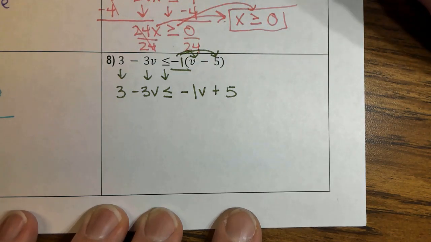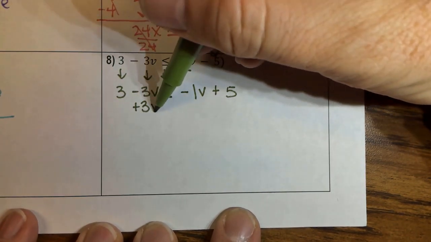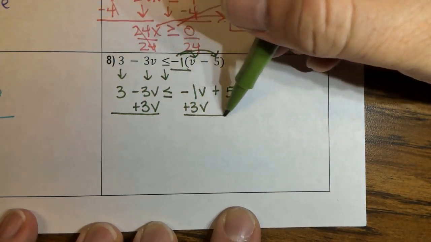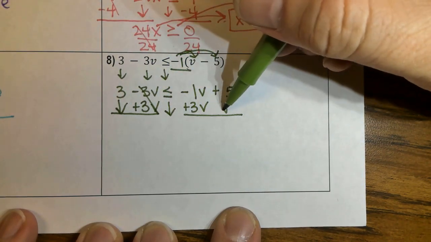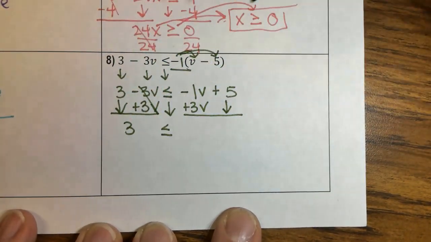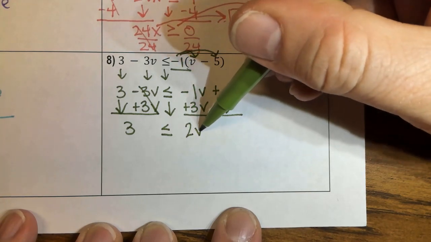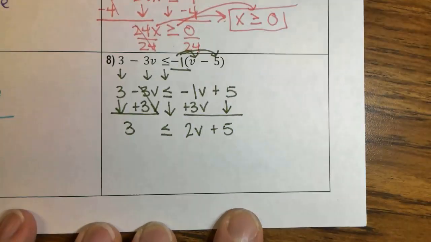Okay, now I'm going to move my smallest v, which is -3, to the other side. So my 3 doesn't change, that doesn't change, 5 doesn't change. So I have 3 less than or equal to 3v minus 1 is just 2v. And then I bring down my 5.